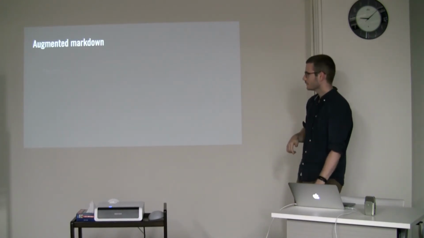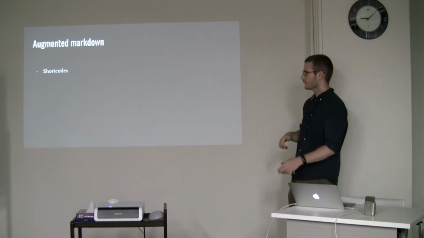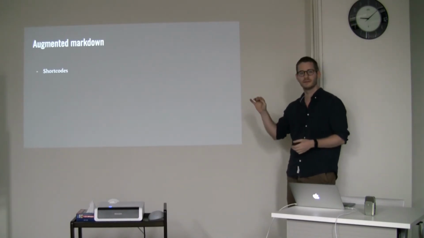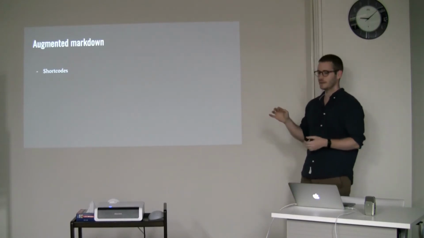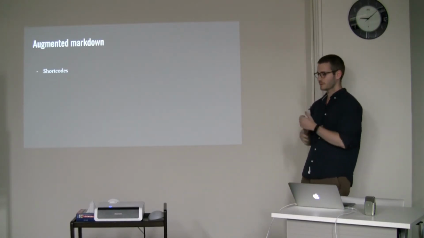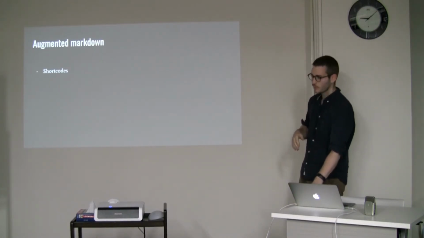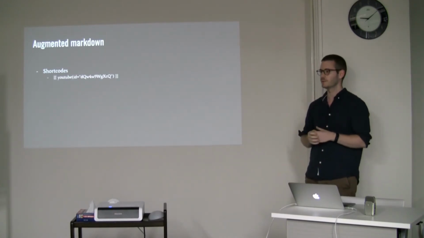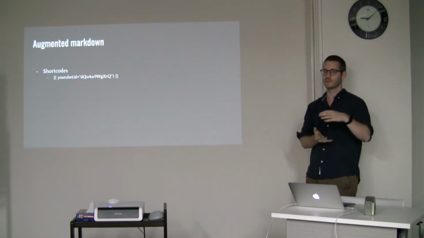So first, what features does it have? It has shortcodes. Is anyone using WordPress here? Okay. So the idea is just shortcodes. For example, you want to embed a YouTube video. You don't want to have to write the HTML every time, because in Markdown you would have to write the iframe embedding every time.